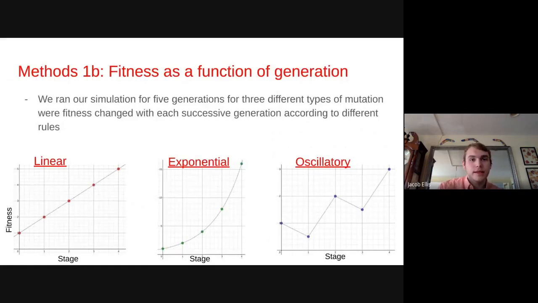Here, as you can see, this is part of what Roshan was talking about a little while ago, where the fitness was changed each generation according to the different rules that we had set. Within our simulation, we decided to simulate it in 3 different ways where the fitness changed. Here, the fitness changes linearly, and at different stages of the mutation.